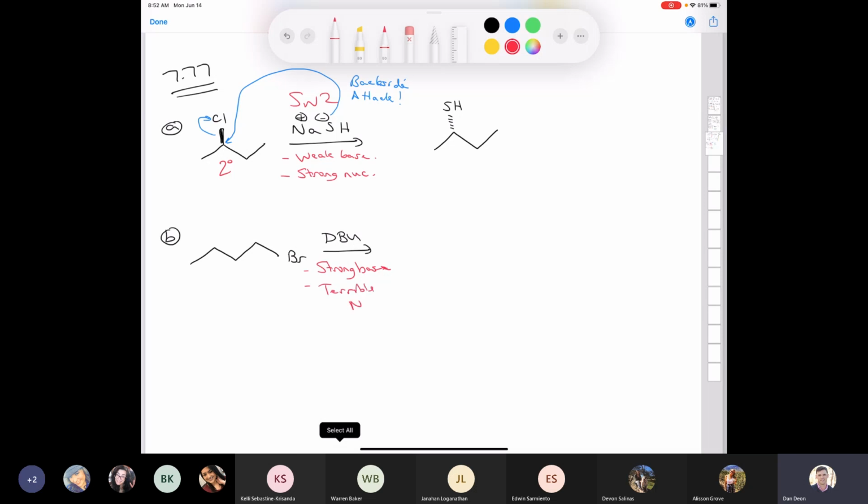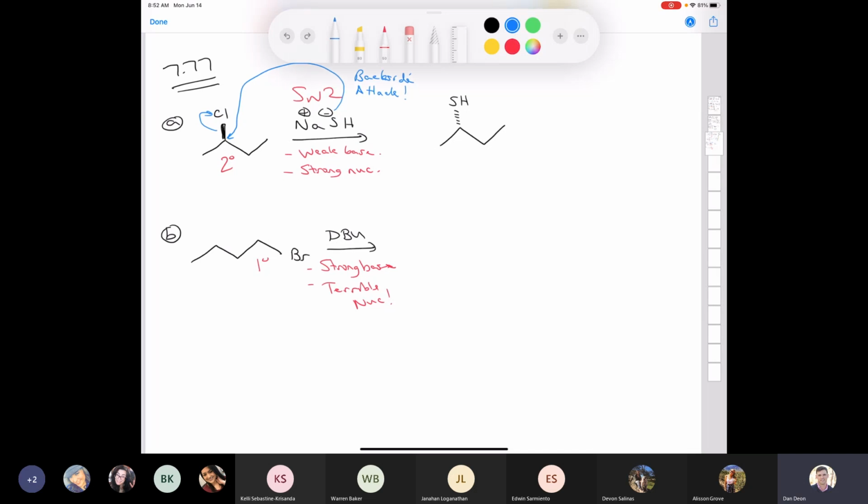It's so big and bulky that it's never going to act as a nucleophile. So even though you have a primary alkyl halide, and you think, well, if I have a strong nucleophile, then substitution is going to predominate, I told you this is the worst nucleophile ever. Horrible. So we're not going to get any SN2.